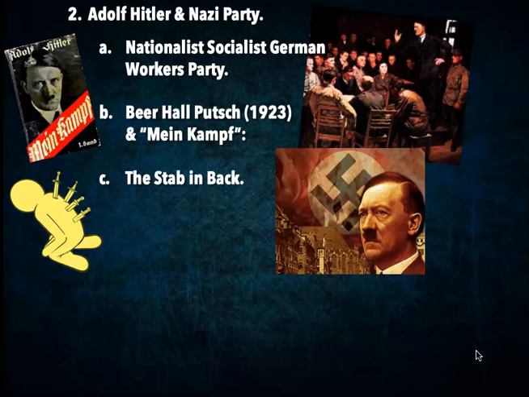In Mein Kampf, he writes about what he refers to as the stab in the back, and he says that Germany did not lose World War I because they were just outdone on the battlefield. He says instead that Germany lost World War I because of weak politicians who, in effect, stabbed the soldiers in the back while they were facing the enemy by not supporting the war.